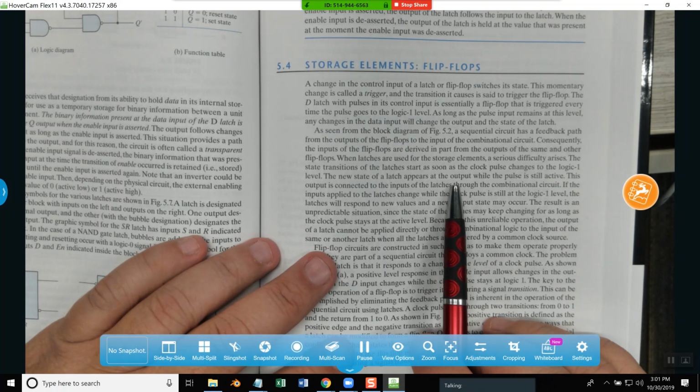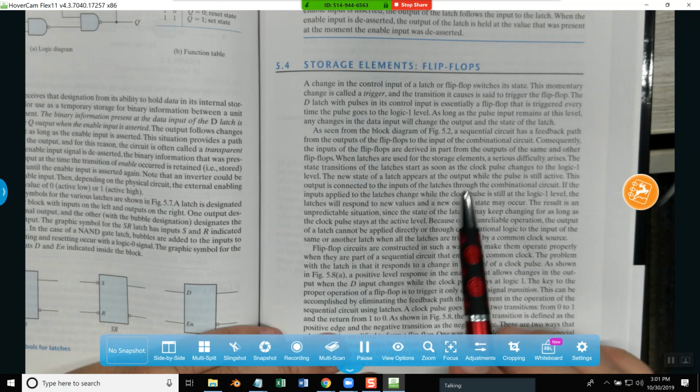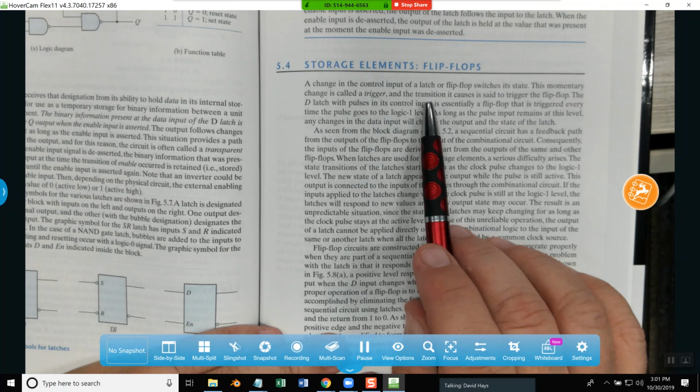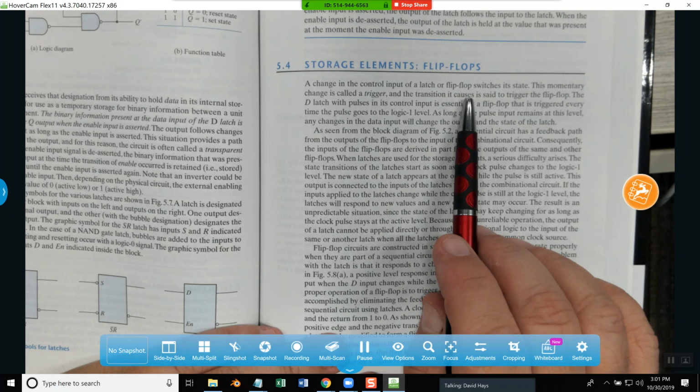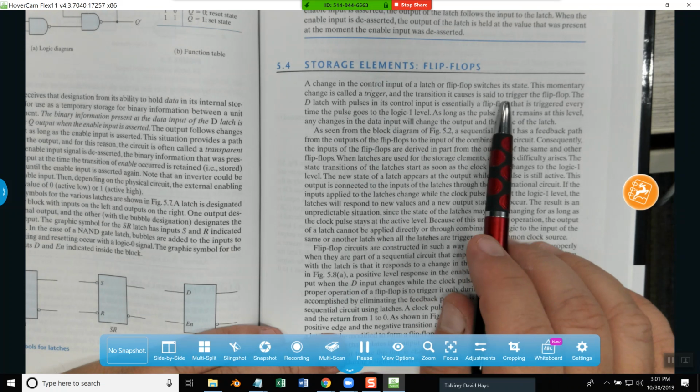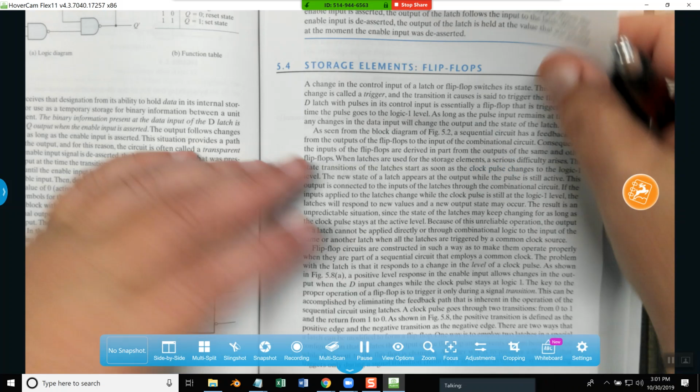As seen from the block diagram of figure 5.2, which is over here, a sequential circuit has a feedback path from the outputs of flip-flops to the input of the combinational circuit. So it has your output coming back here as your input.